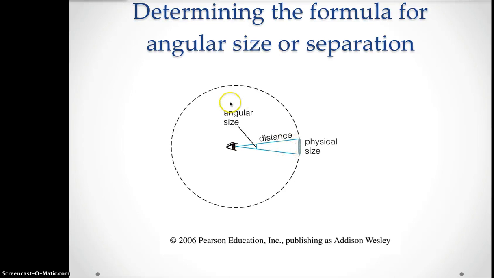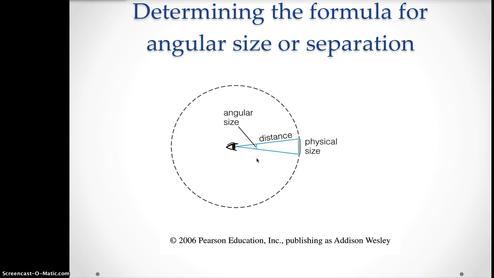Now, when we look at this picture of the circle, notice that this angle is just a piece of an entire circle. And so using proportions, we can come up with an expression of how we could calculate the angular size, comparing this angular size to the distance and this size of this piece of arc of the circle to the whole way around a circle, or the circumference, which would be related to 360 degrees.